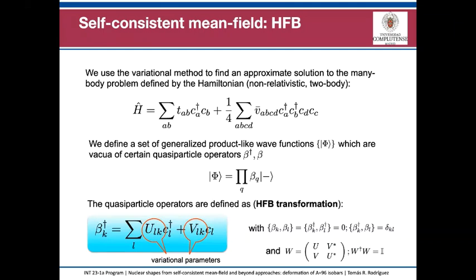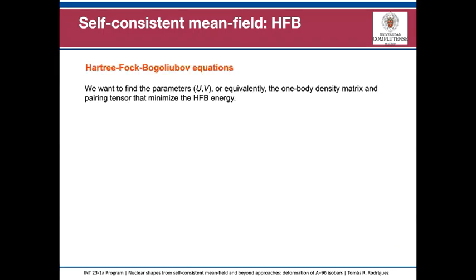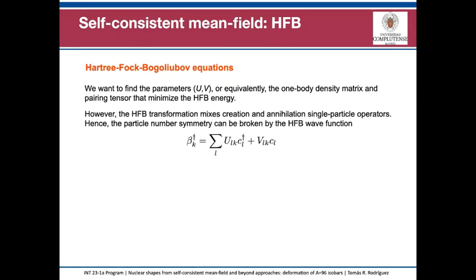So this is the way we define our variational space, and then, as was already mentioned here, this transformation is breaking the particle number symmetry.